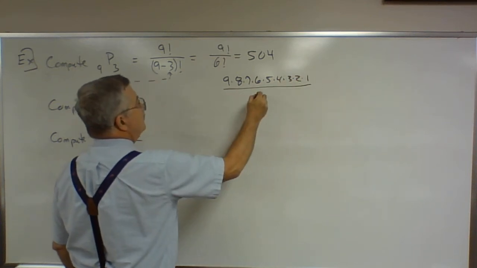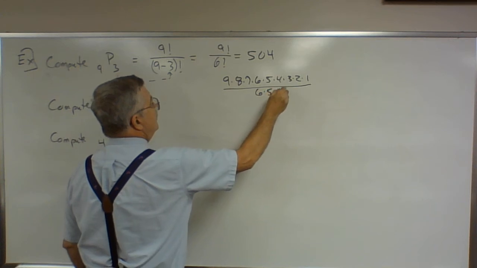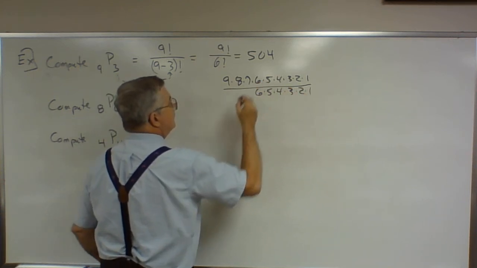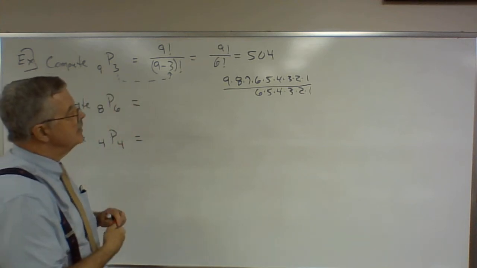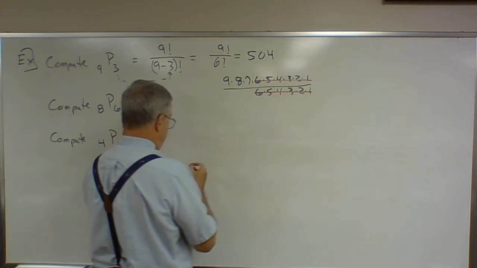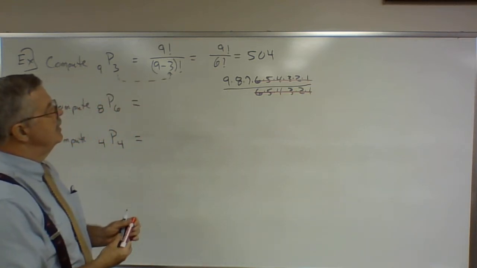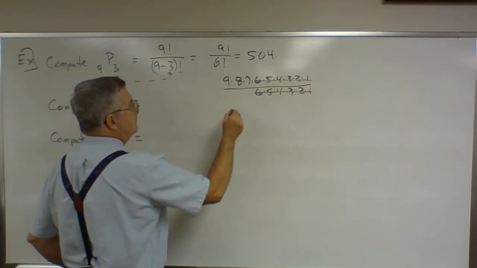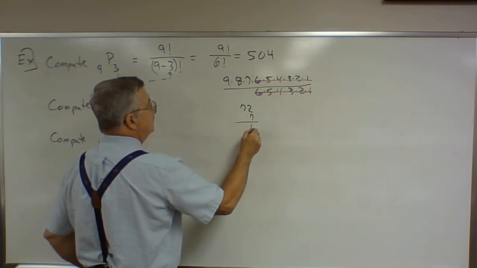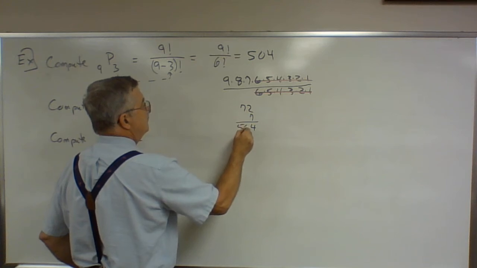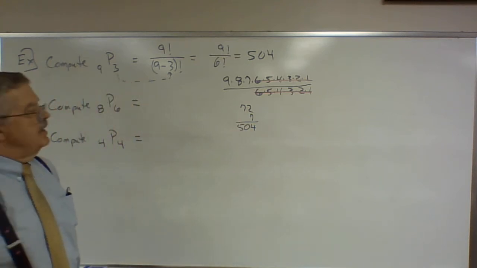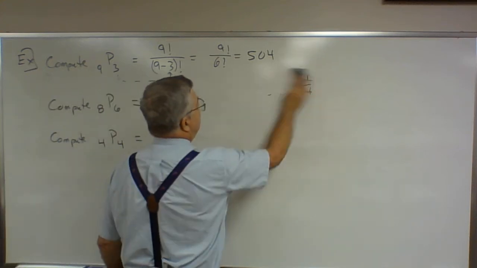That's 9 factorial, and here's 6 factorial. This cancels out of the bottom, that cancels out of the top. And 9 times 8 is 72, times 7 is 504. Yep, okay. I've restored my confidence in myself.